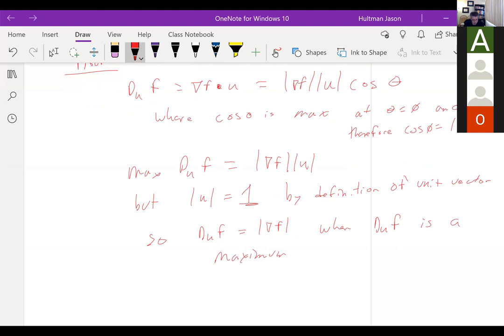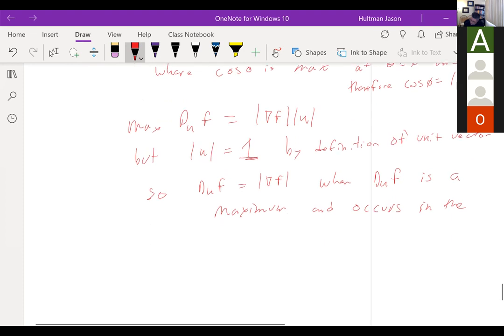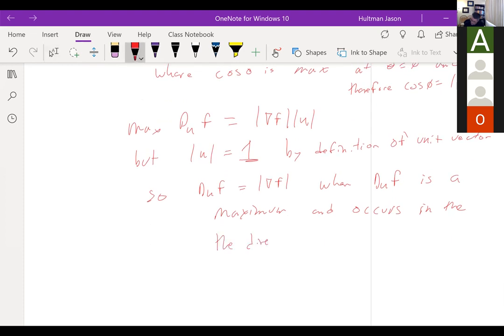Well, that's kind of cool. Okay, and it occurs in the direction of what? Of the gradient function. Okay, so in the direction of the gradient function, because there's only one direction here.